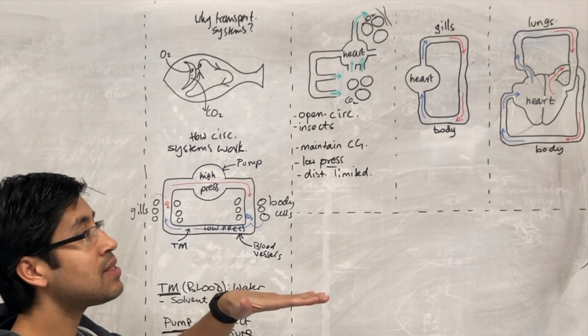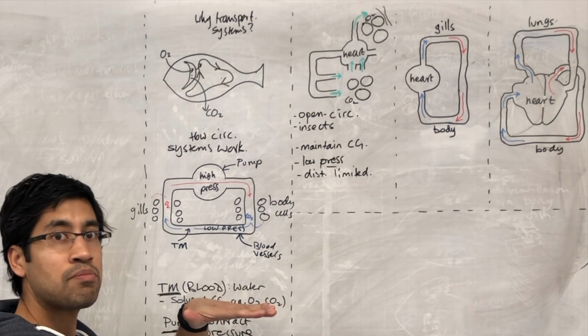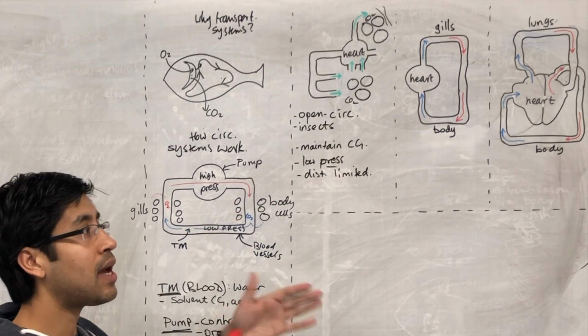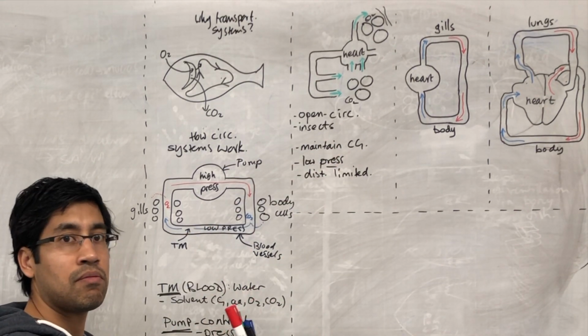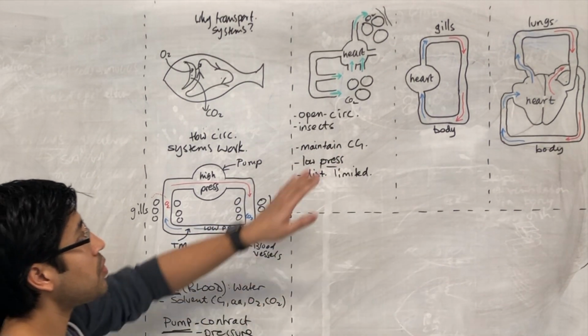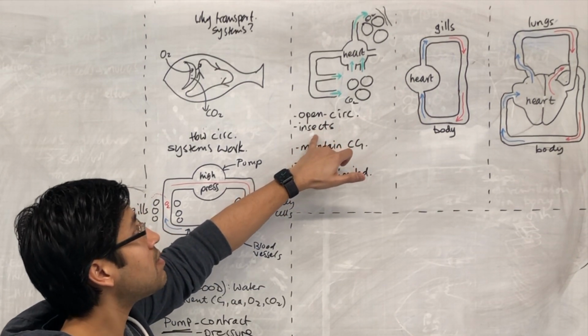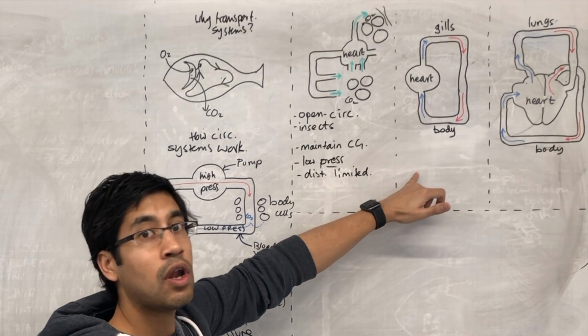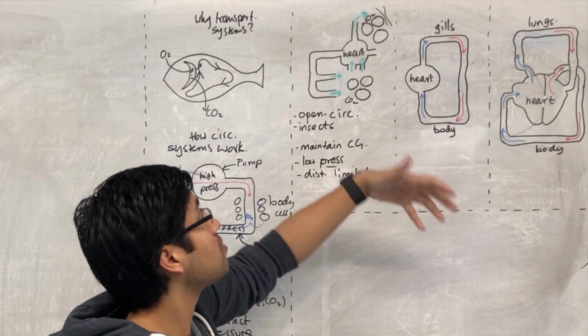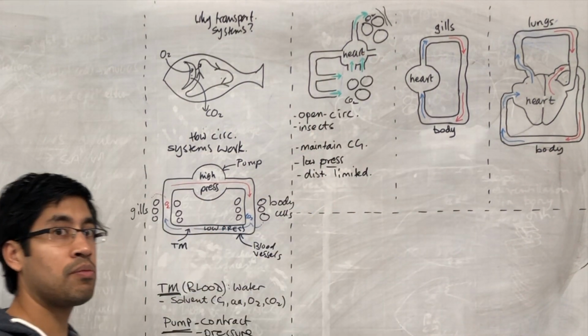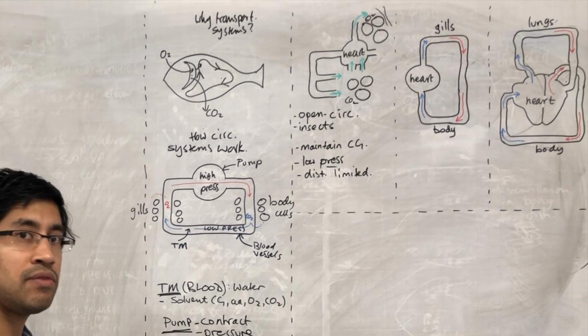That means that the distance that we can effectively transport things is lower, and that eventually that's going to limit the size of the organism. So that's good for relatively small multicellular organisms like insects, but as we get to more complex, larger, metabolically active organisms like fish, for example, that will be insufficient.